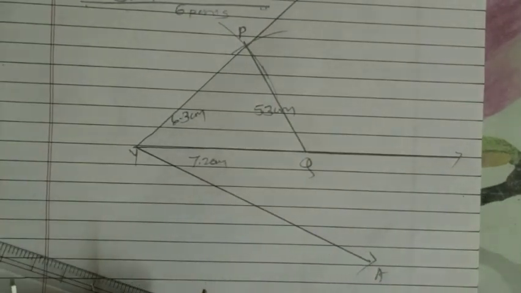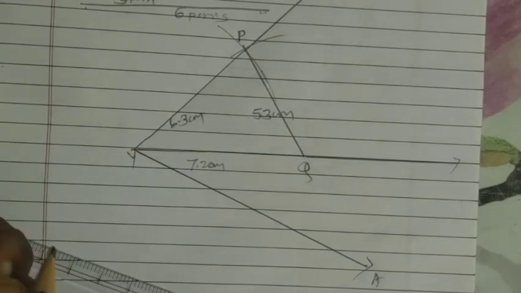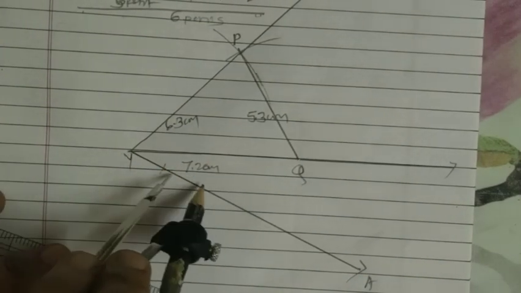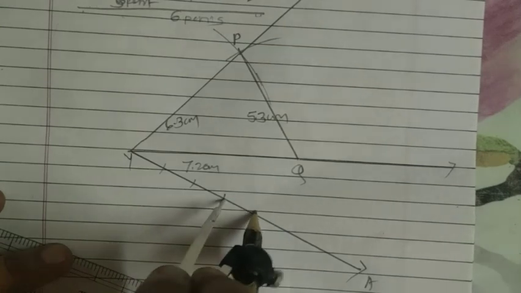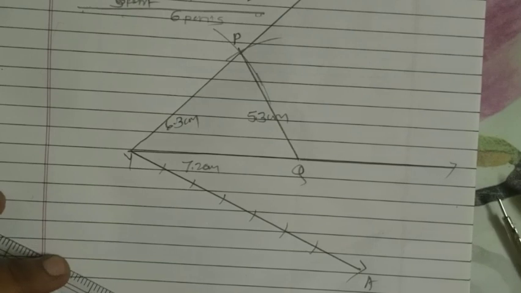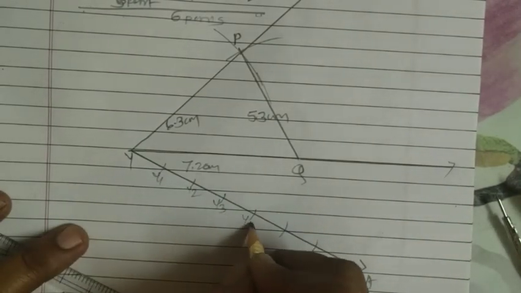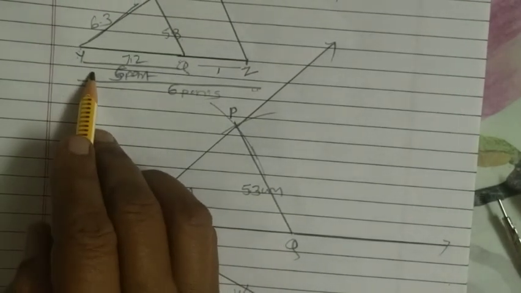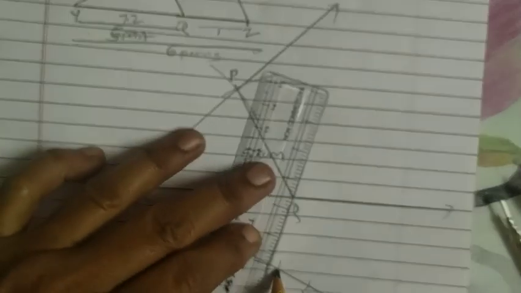That's why with proper distance draw 6 arcs on this ray: 1, 2, 3, 4, 5 and 6. We can name them Y1, Y2, Y3, Y4, Y5 and Y6. Out of that, this is the 5 parts, meaning we have to join this Y5 to Q.